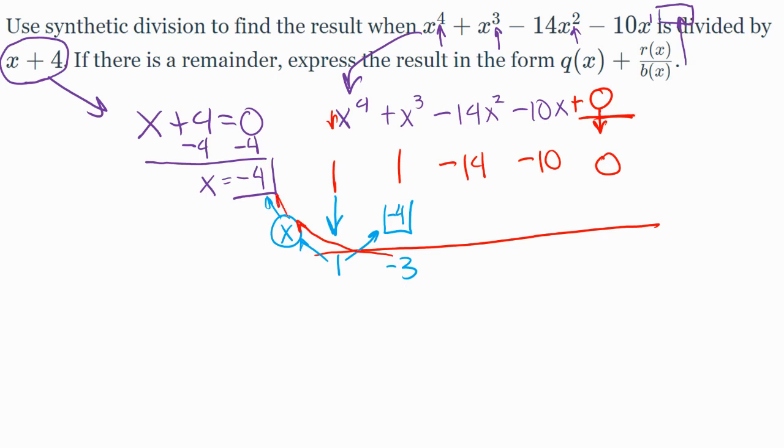And we multiply here by -4. -3 times -4 should give me a +12. I add and get a -2 and continue. -2 times my -4. Put the result over here to be a +8. Add, get a -2. If I continue, I should get the same answer as the last one, so I'm going to put an 8 over here.